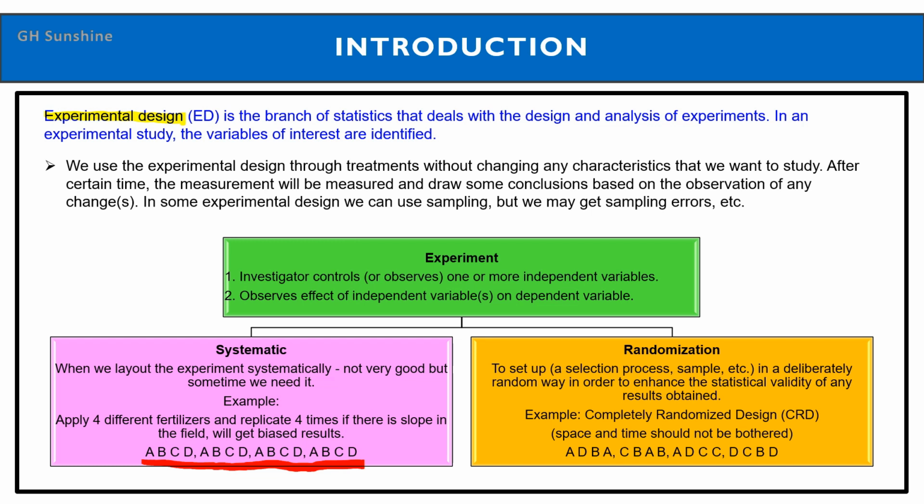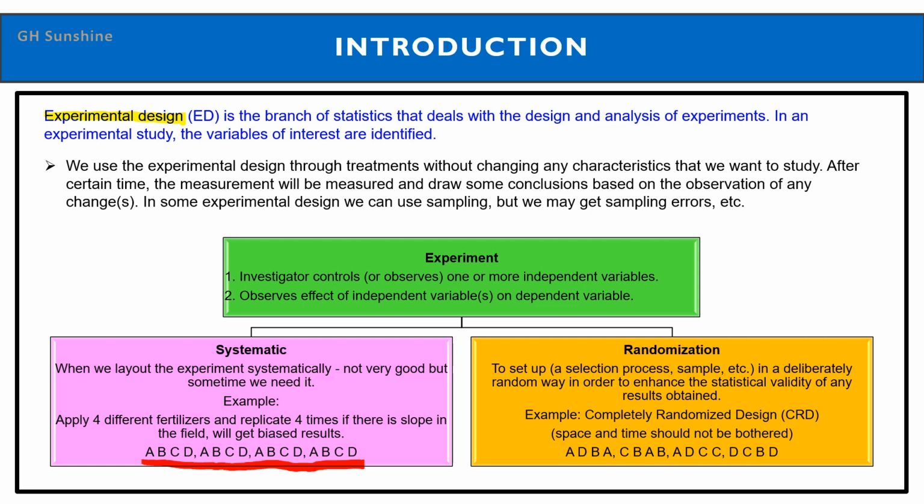Meanwhile, for the randomization experiment, we set up this type of experiment in a deliberately random way in order to enhance the statistical validity of any results obtained. For example, the experimenter uses a completely randomized design, CRD.